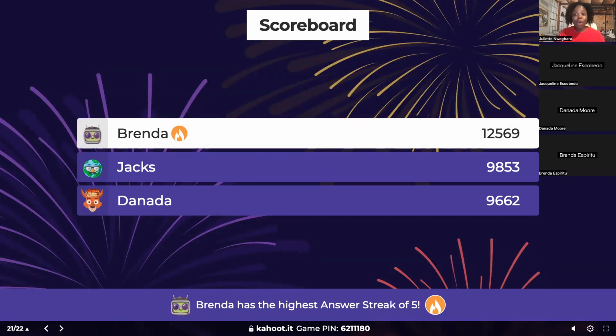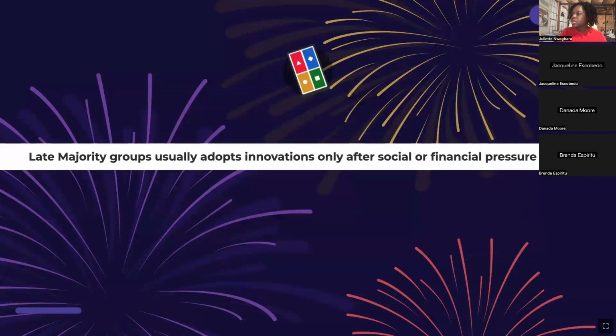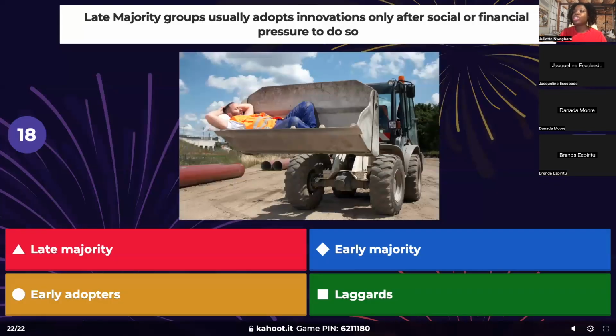All right. And I think we have one more question, and then our Kahoot experience is coming to an end. So here is the last question. Late majority groups usually adopt innovation only after social or financial pressure to do so. And that should be a blank. So actually, the answer is kind of in your face, to be honest, but feel free.